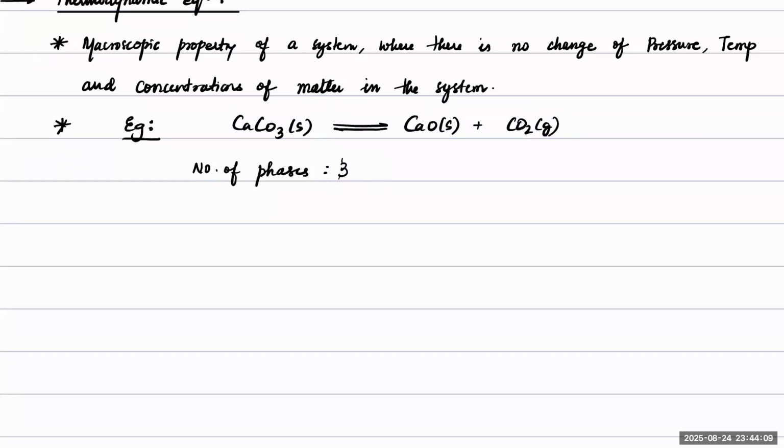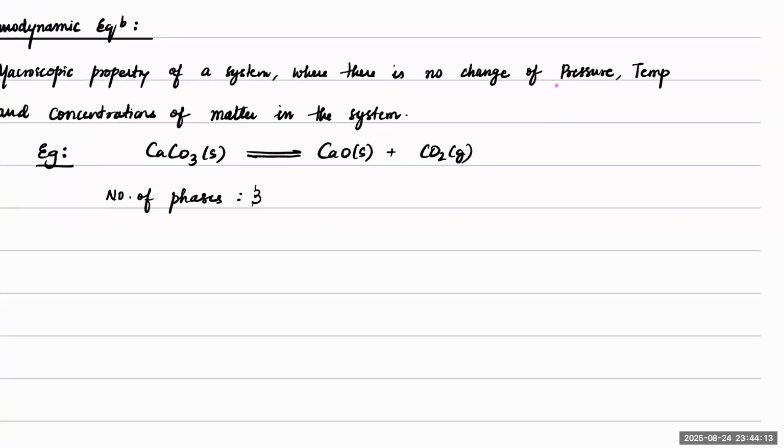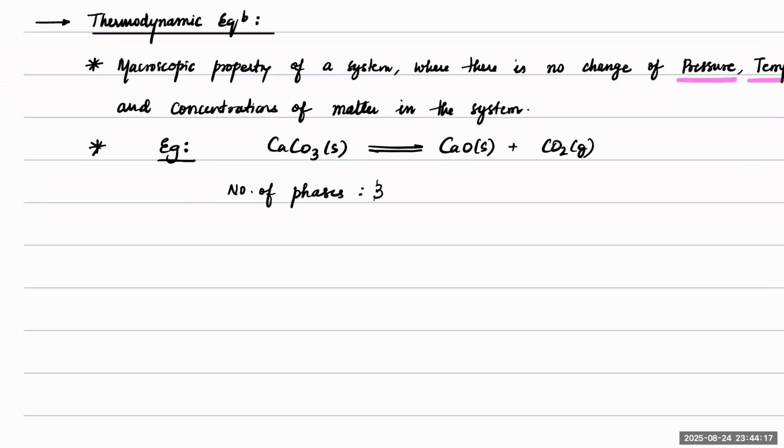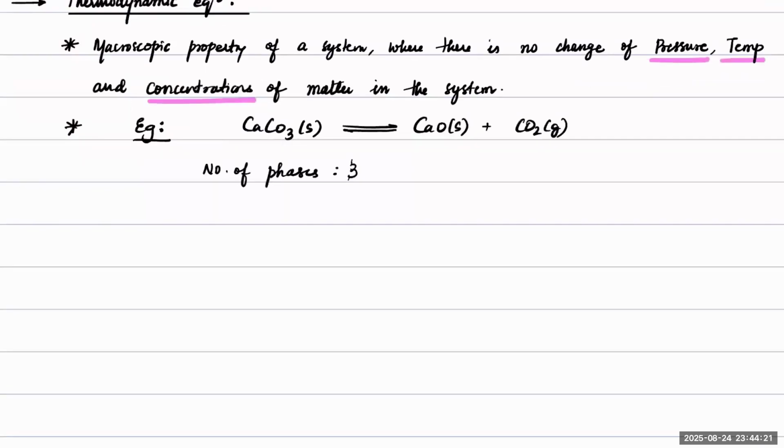I told you that as long as pressure, temperature, and concentrations are constant, then we will be able to measure them and we say this system is at thermodynamic equilibrium.